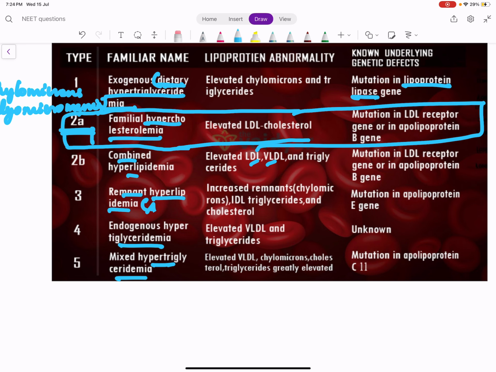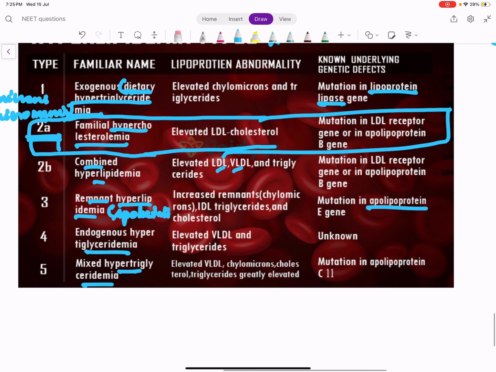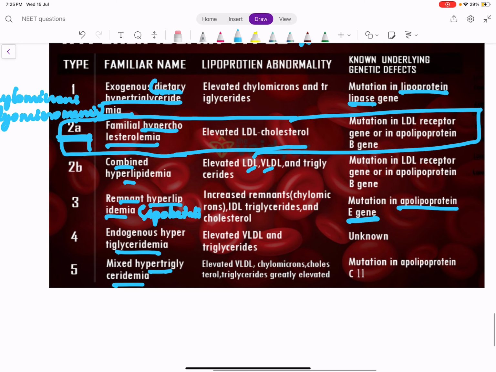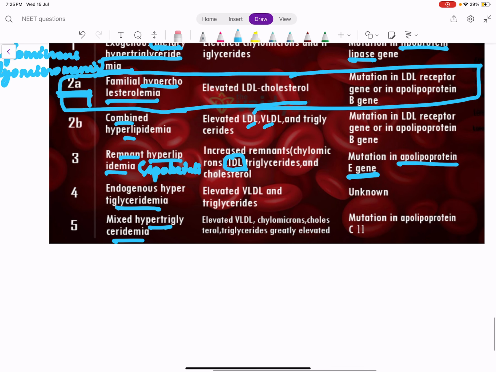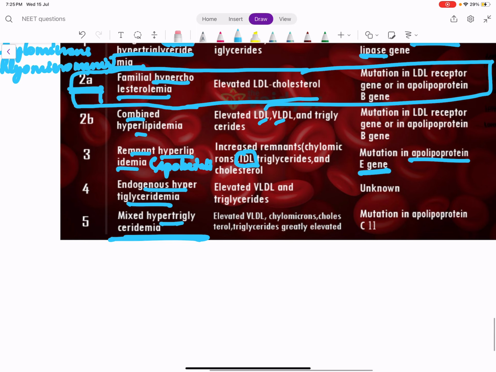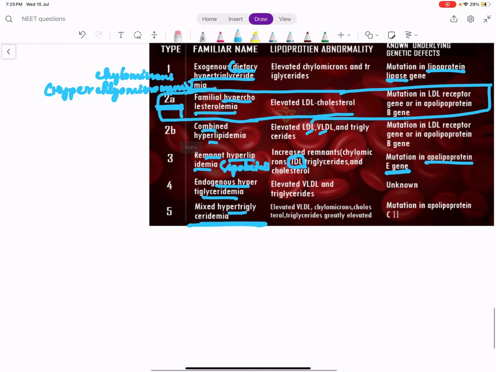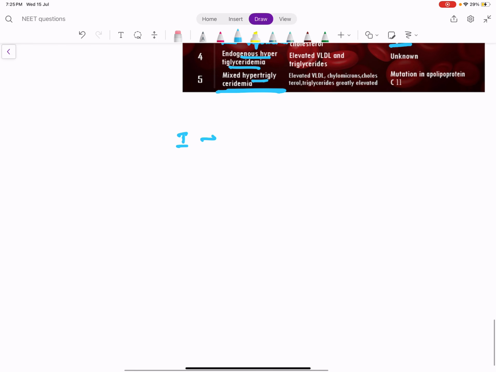Type 3 is also called apo-beta lipoproteinemia. Okay. It is due to mutation in apolipoprotein. Here again, IDL is very high. Okay. Type 4 and type 5 are again hypertriglyceridemias, and the mutation is different. So for your exam purposes, type 1 is important because it is hyperchylomicronemia.